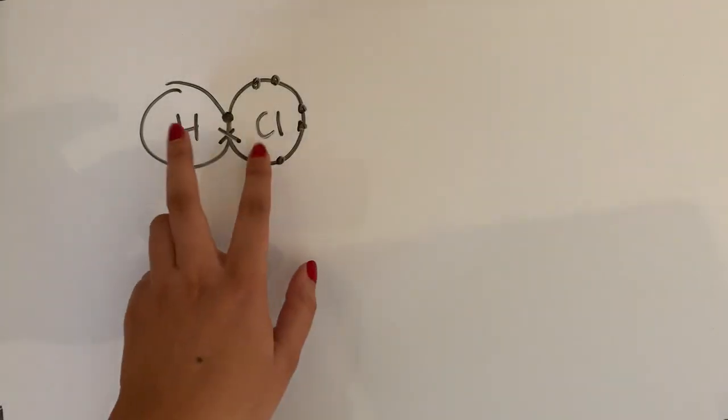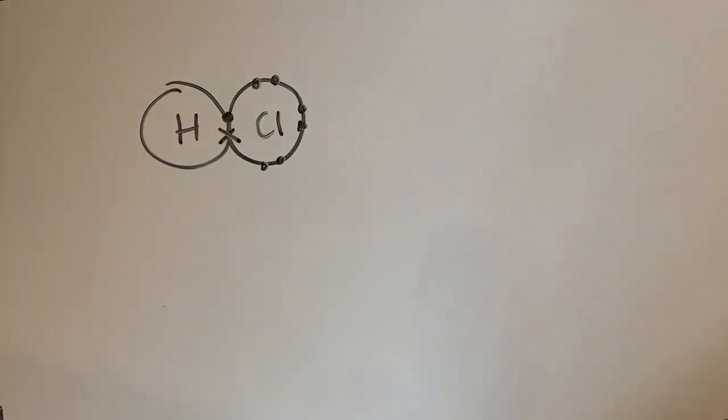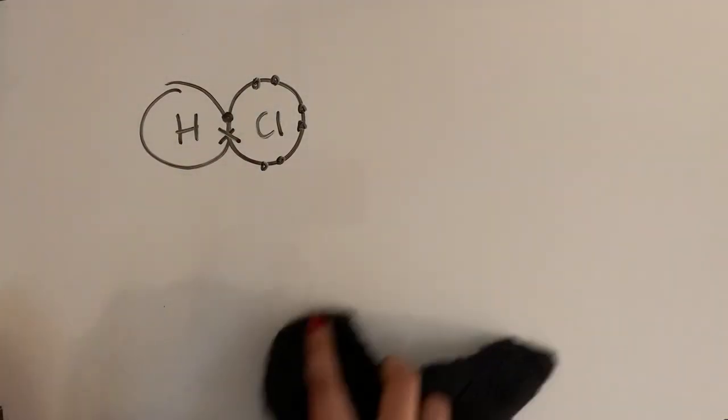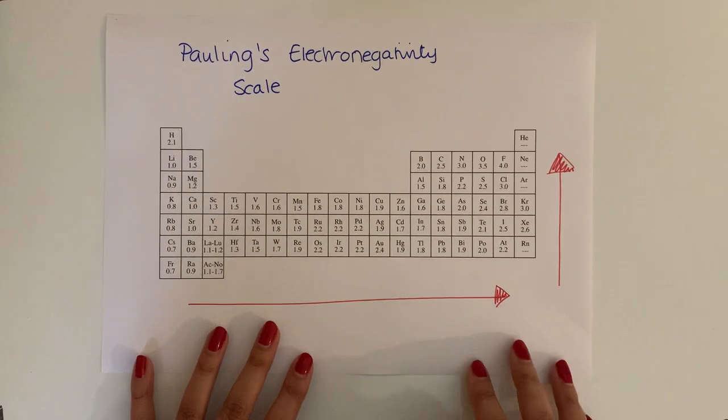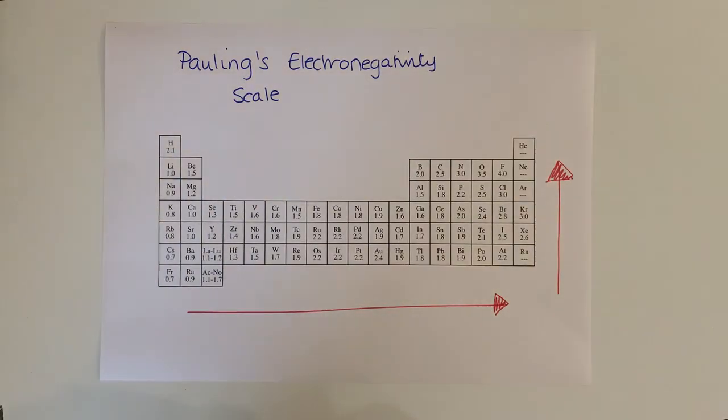So essentially, we're now going to have a look at the electronegativity of all the elements and see how they differ in their attraction to the bonded electrons. In order to understand electronegativity, we're going to look at Pauling's electronegativity scale. You don't need to know these numbers off by heart.